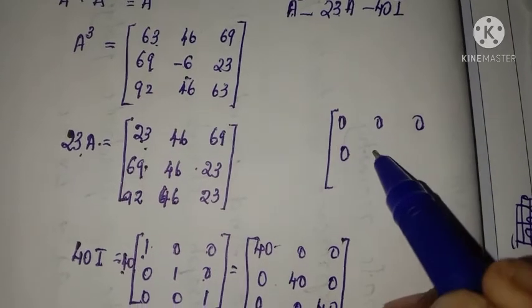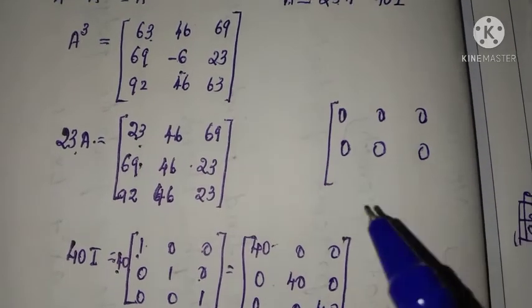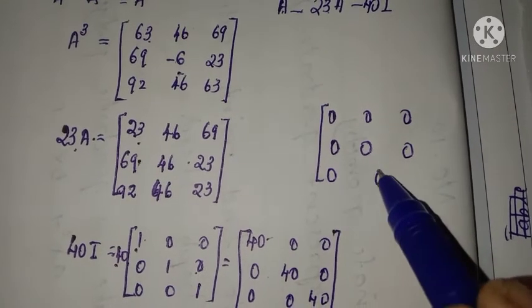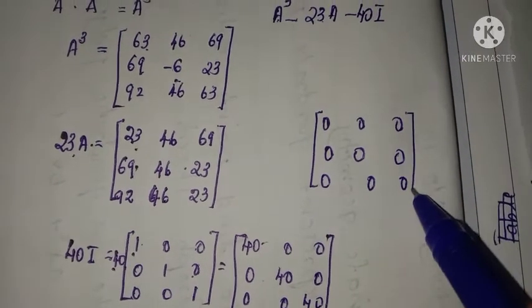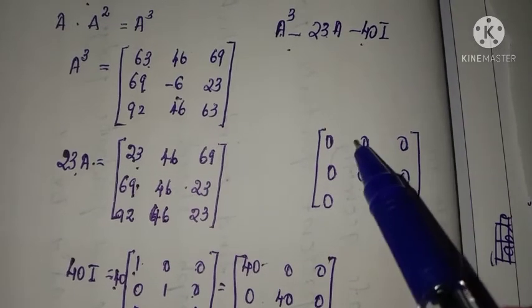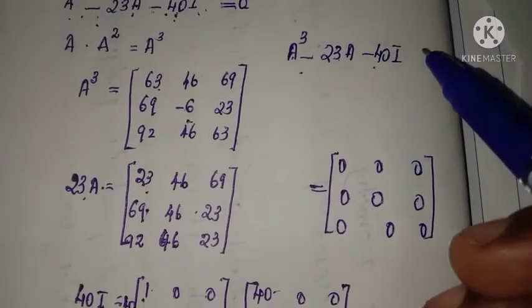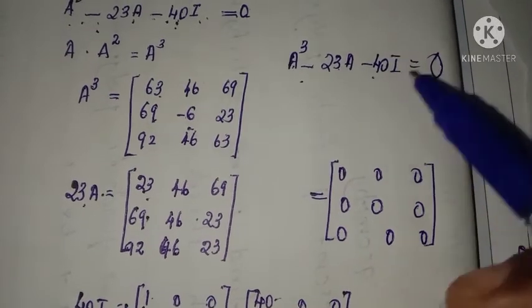So second row reduces to 0, 0, 0. Similarly, we can prove the third row is also 0. That means the given matrix equation is equal to the 0 matrix, or it is equal to 0.